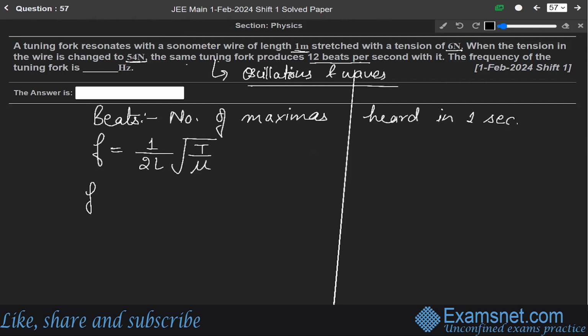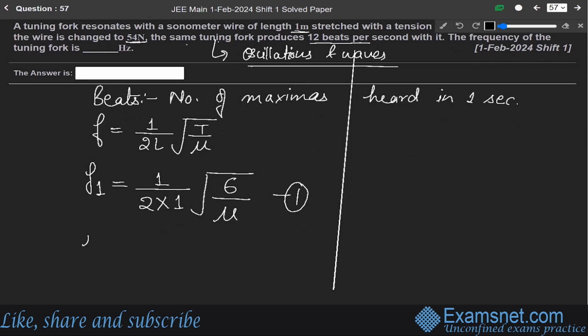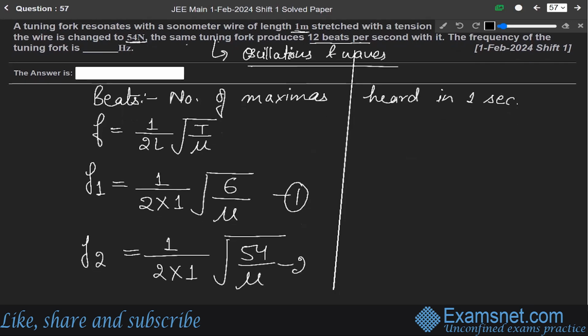So according to the question, f1 is equal to 1 over 2, length is 1 meter, under root T, tension is given as 6 Newton, over mu. This is the first case. And for the second case, f2 will be equal to 1 over 2 into 1, under root 54 over mu. This is the second case.